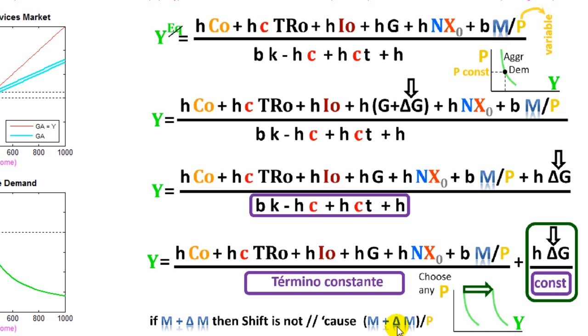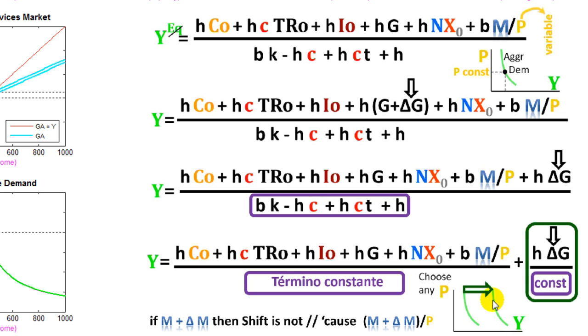I can show you in a separate video maybe, but it's quite straightforward if you do the math. The important thing is that this term doesn't depend on Y and doesn't depend on P, so it's constant, whereas here this term does depend on P. And that's why in the case of monetary policy the shift is not parallel.